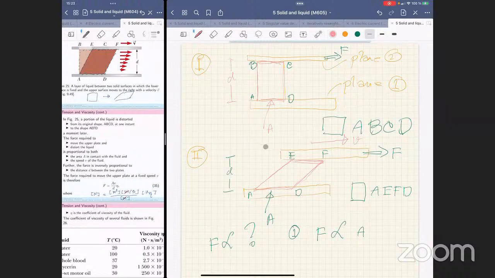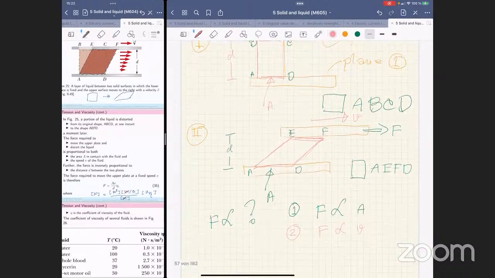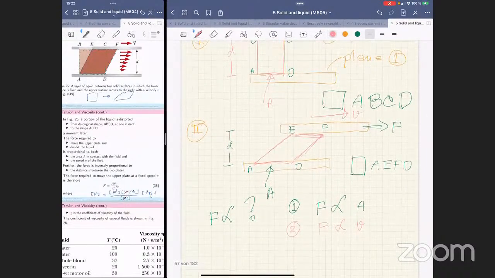If you move it gradually with very low speed, you require only small F. But if you want to move it very quickly with the speed v, you need to increase F. So the second factor is that F depends also on the velocity. If you move it quickly, you need more F.